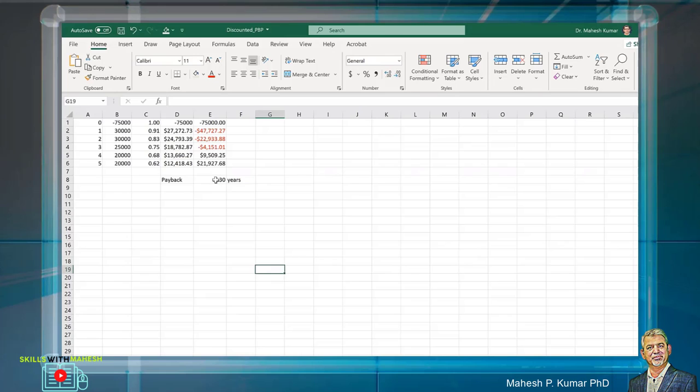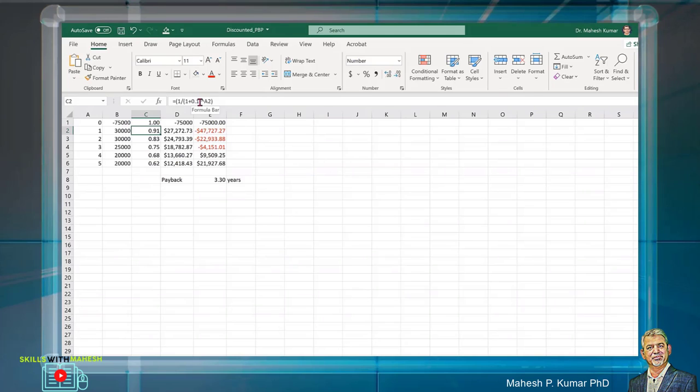If I click on this 3.3, you see this is the formula that I used: 3 plus the absolute value of E4 divided by D5, right? And if I click here, you see that is the discount factor of 10%, which the book was saying.